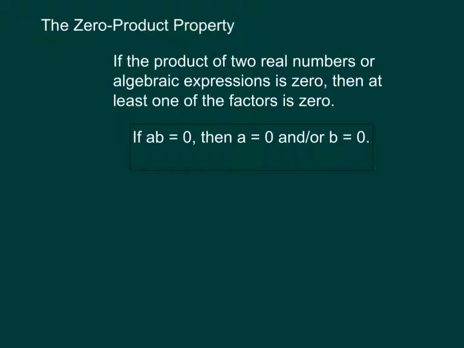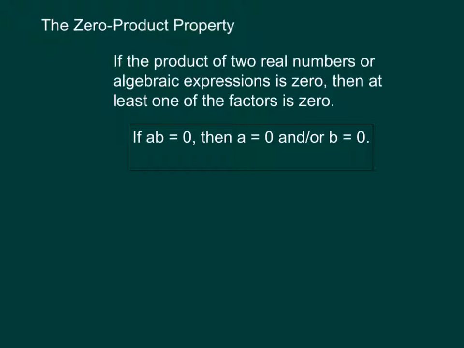If we're multiplying two things together and we know that the resulting answer is 0, then at least one of the things that we're multiplying must be 0. We write it here as if AB equals 0, then A equals 0 and/or B equals 0. And that's really the key fact behind all of this section.